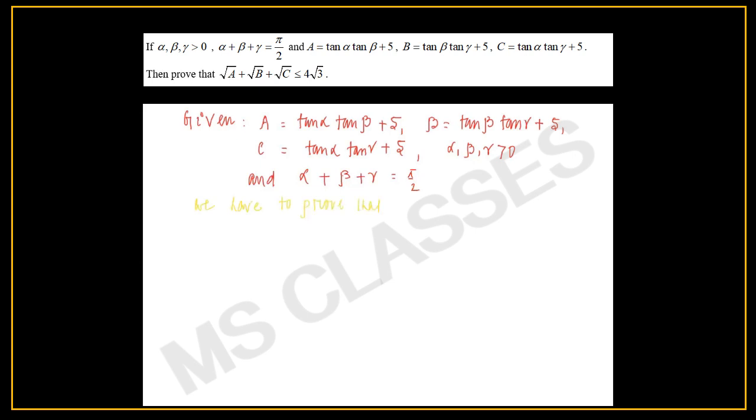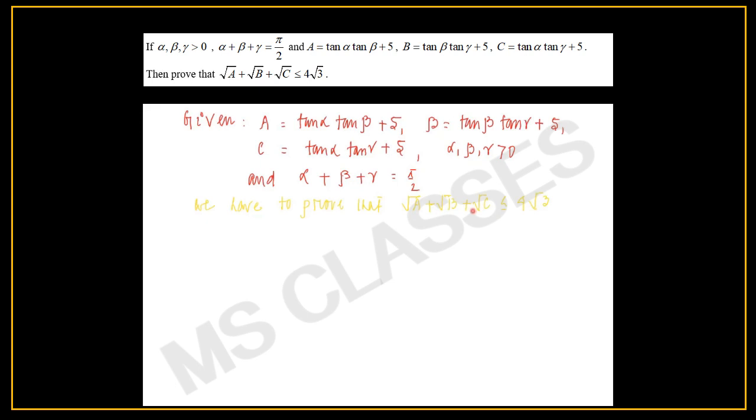that √A + √B + √C ≤ 4√3. We have to prove this one. First of all, whenever we have this type of expression, √A + √B + √C, which we have to prove, generally we try to deal with the square of this. It is comparatively easier.